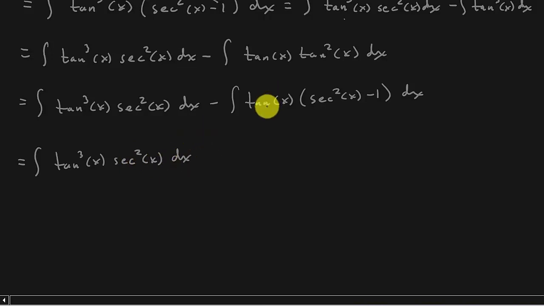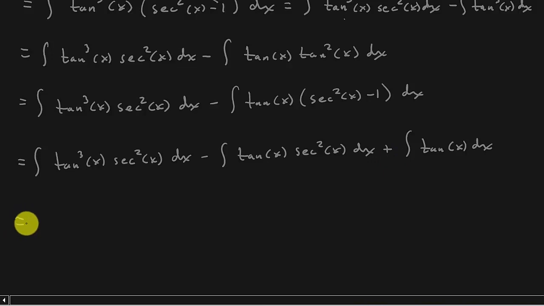All right, so let's distribute the tangent here. That's going to be minus the integral of tangent x secant squared x dx plus the integral of tangent x dx. See, I had the minus, and the minus is going to give me the plus.